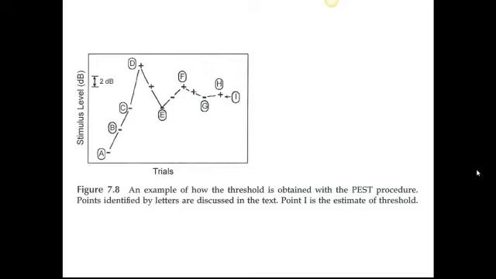So it just depended on where they were. At the beginning, the step sizes were larger, and then as you started to hone in on the threshold, looking at F, G, H, and I, you can see how the step sizes got smaller to hone in on that threshold. So in other words, you're using big step sizes at the beginning, taking big steps, just trying to get the ballpark idea of where the threshold is, and then you can hone in with smaller step sizes.